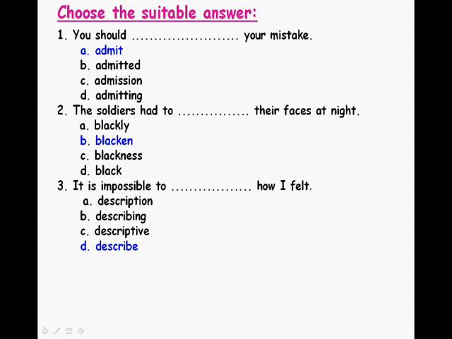Description is the noun, and we're going to look at it together. Describing is an adjective. And descriptive also can't be put here. So the word describe is the suitable word here, is the verb. Remember we said when we find to, we always put the verb, describe.